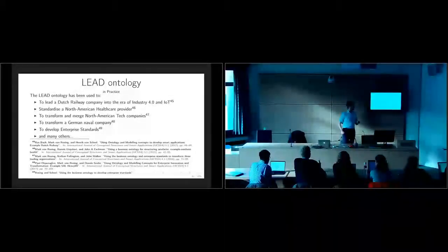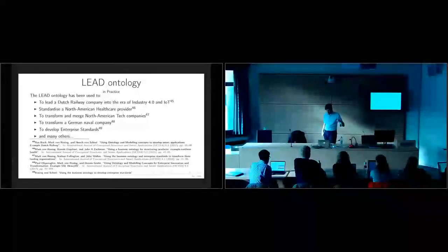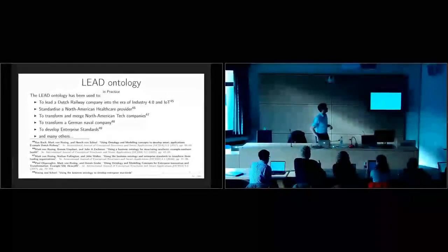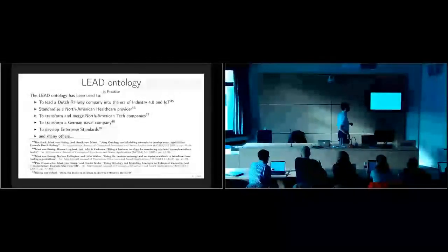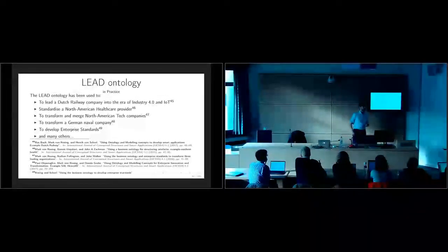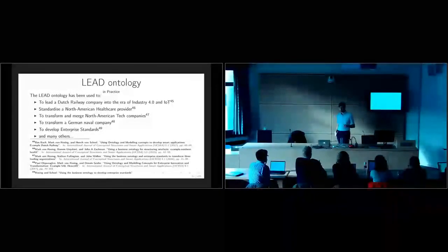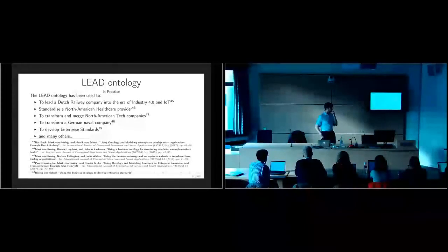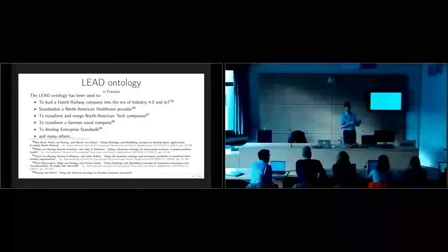The same approach has been used to merge three American tech companies. With the tech companies, there was a merger of three companies, and they wanted to make it one shared structure.